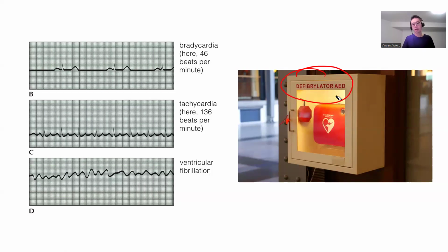Nowadays at malls, even restaurants, they have this AED. It's an automated defibrillator, and you just place the electrodes on the person and press the button, and the machine will do the rest. Okay, so that's ECG.